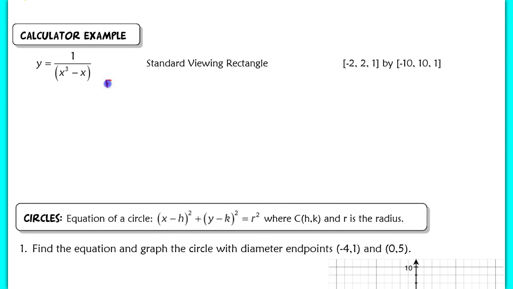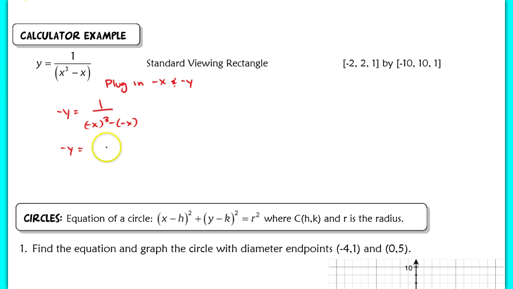So here's the really important part that's easy to forget. When you decide if it's symmetric with respect to the origin, you have to plug in negative x and negative y into that function. Okay, so I'm repeating it over and over because hopefully you'll memorize it after today's video. So we have negative y is equal to 1 over negative x cubed minus negative x. Now I'm going to go ahead and just simplify some of these signs.